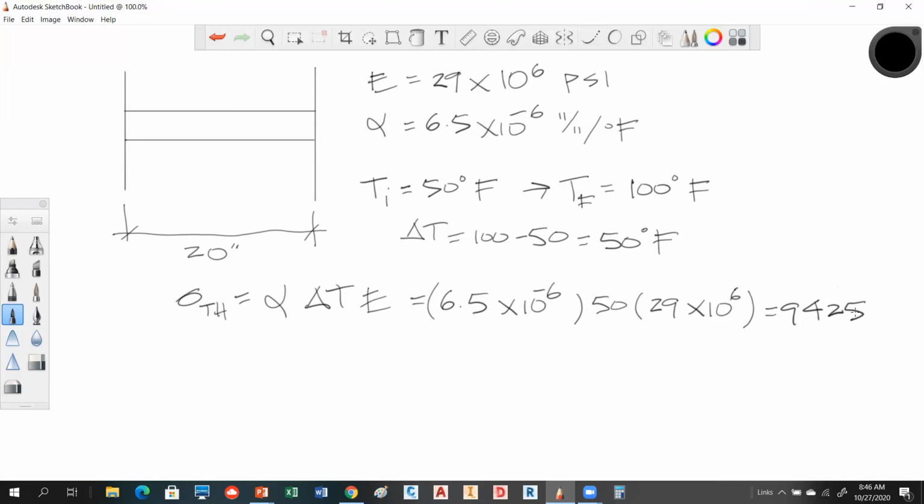9,425. Okay, what's the unit on that? We're talking about stress, right? What would it be? Would it be inches? No, stress is either in PSI, KSI, or kilopascal or Pascal. So let's look at the unit here. What's the unit of alpha?